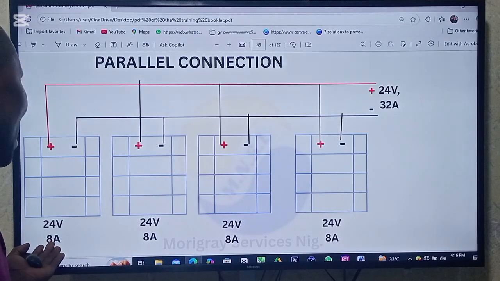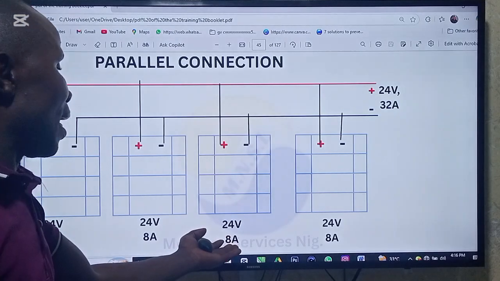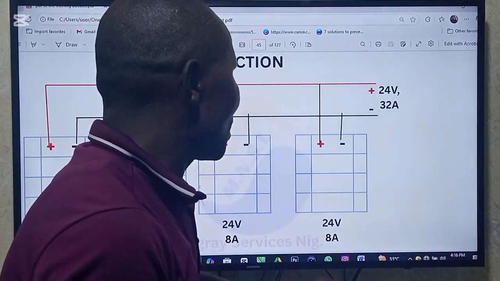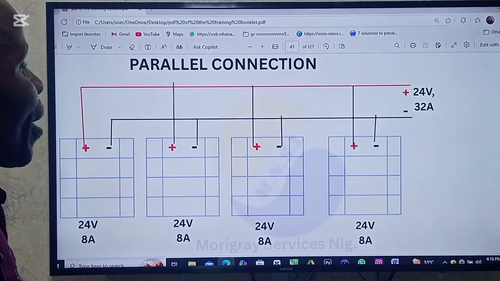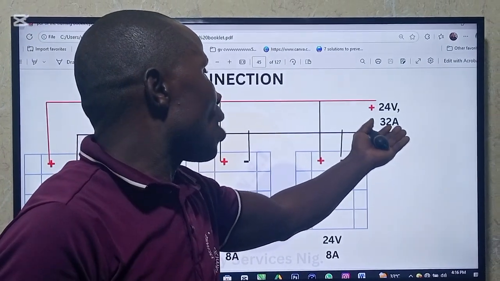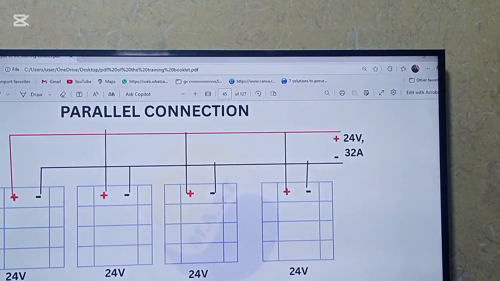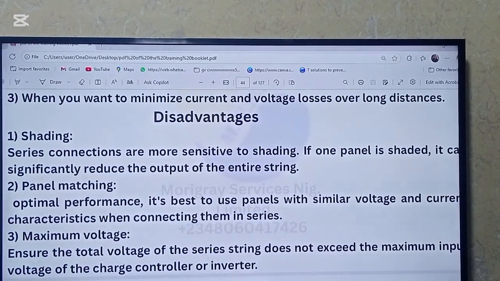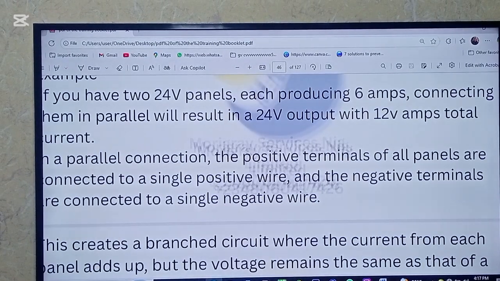That is to say 8 plus 8, that is 16, plus 8, that is 24, plus 8, that is 32. And that is why we have 32 amps as an output.